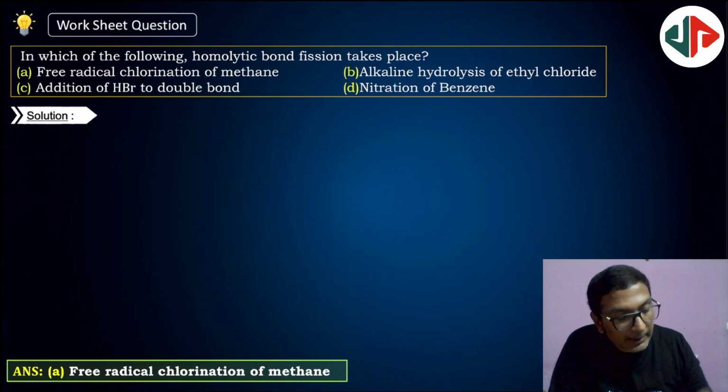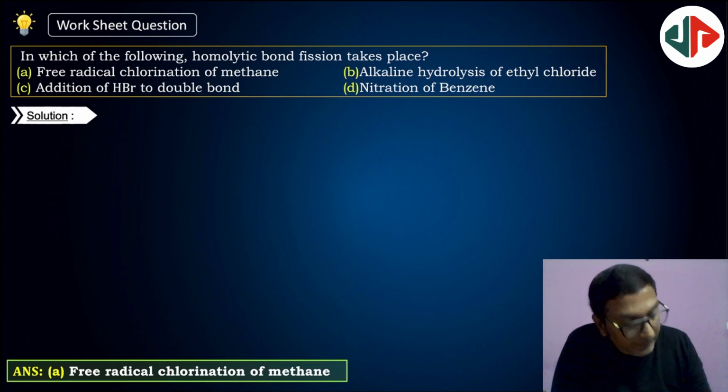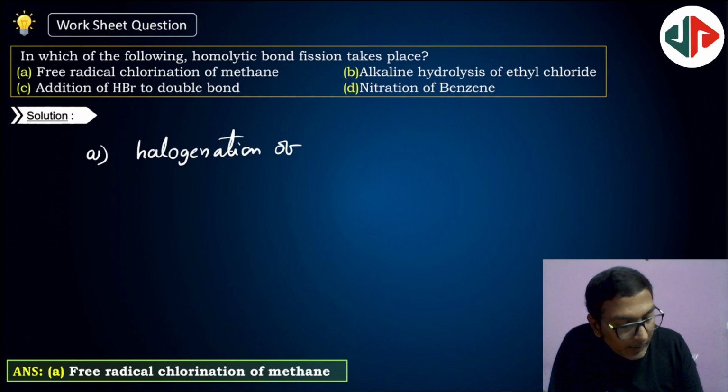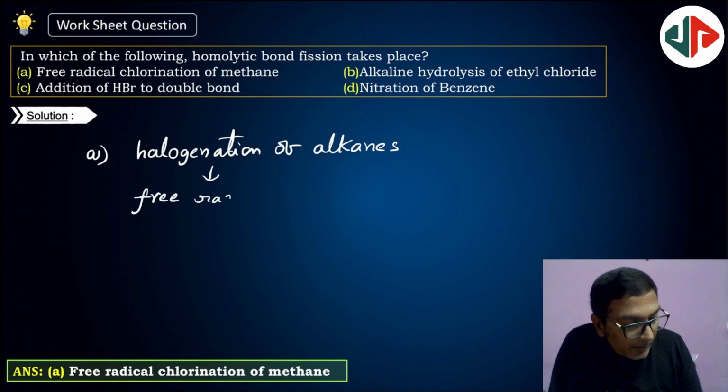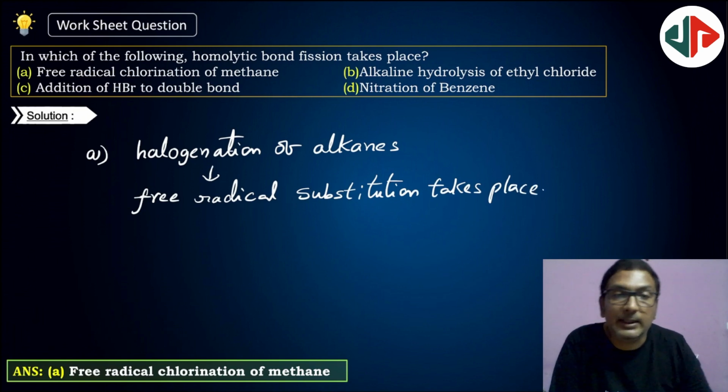Next. In which of the following does homolytic bond fission take place? Free radical chlorination, that means in halogenation of alkanes, free radical substitution takes place. Very, very important.